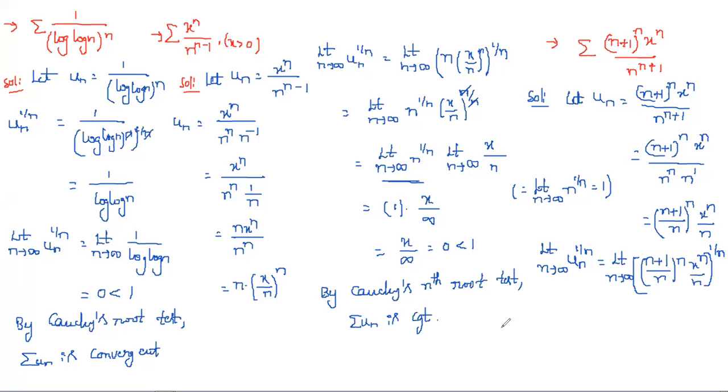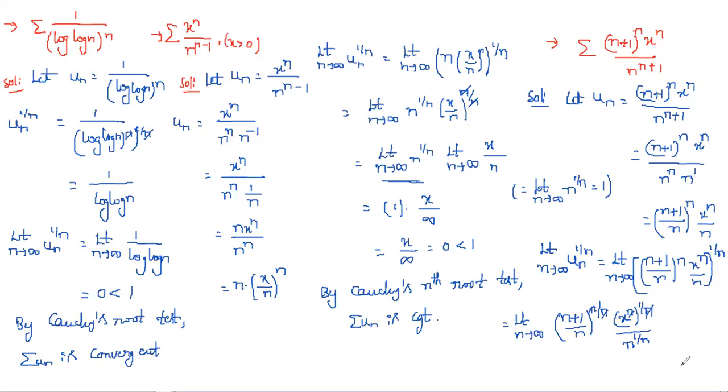If you see that, what will we get? ((n plus 1) by n) whole power n by n is 1. And the next term, (x power n) whole power 1 by n by n power 1 by n. Here the n and n both will cancel, and here also n and n both will cancel.